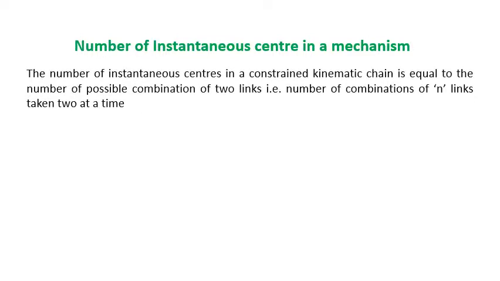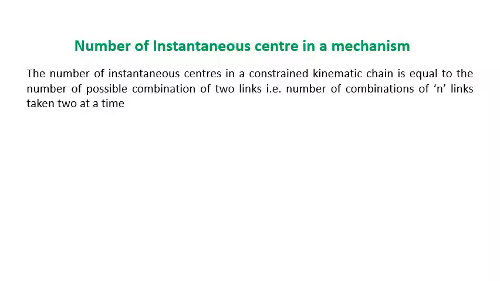So next one is the number of instantaneous centers in a mechanism. The number of instantaneous centers in a kinematic chain or mechanism depends on the number of possible combinations of two links. If the mechanism is having a motion with respect to each link, at a particular instant it is having some combination of two links.